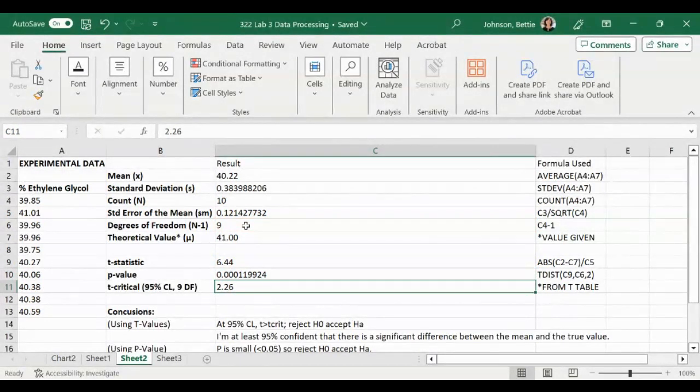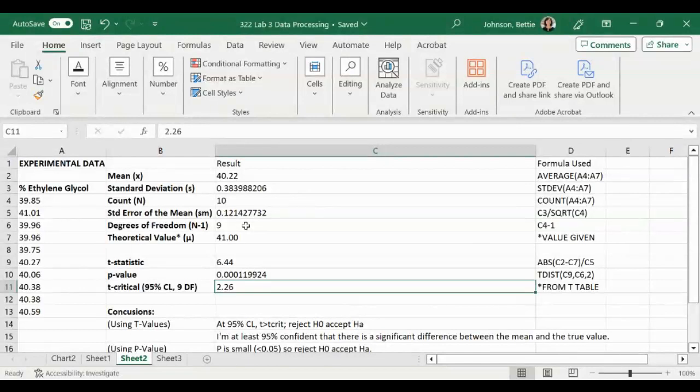If the p-value is less than 0.05, then we have a less than 5% chance that the values are the same and that the differences are purely random. So we have a very small percent chance that the values are the same and the differences are just due to random error.